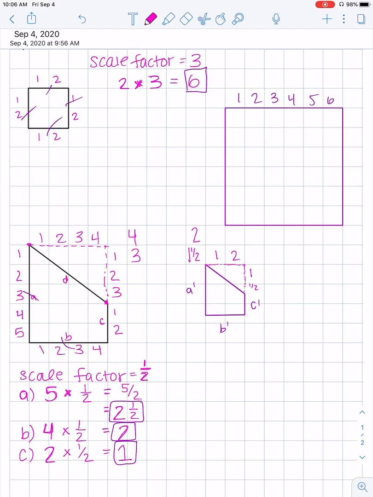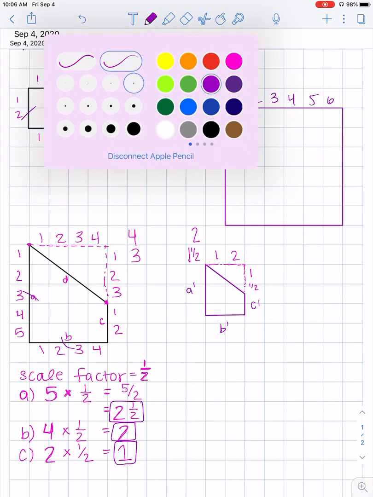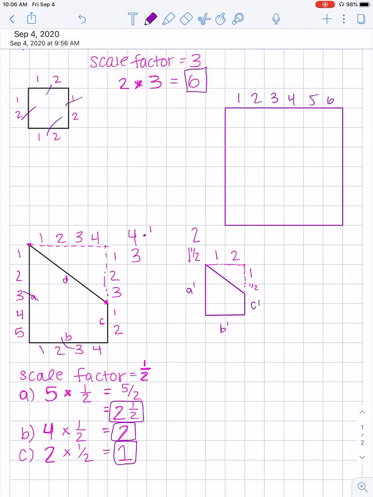Is this scaled? Well, our scale factor is 1/2, so to find out, we could multiply our original by 1/2. And does that equal our values over here? Yes, it does. So we have our scaled copy.